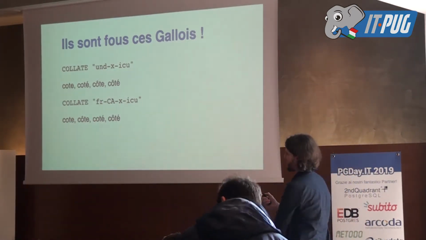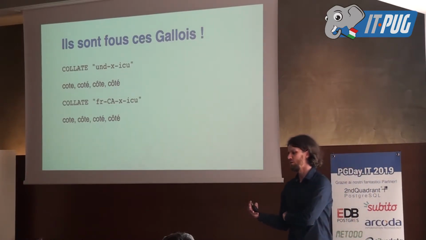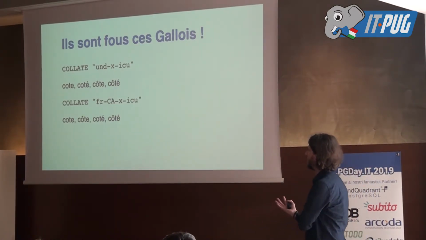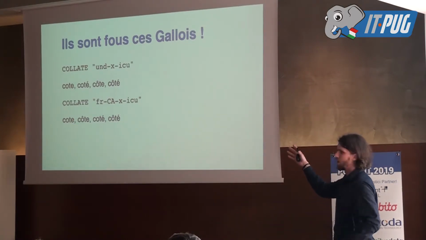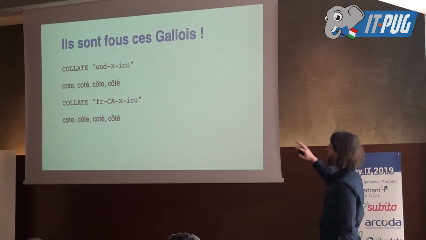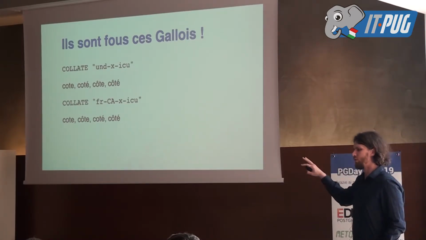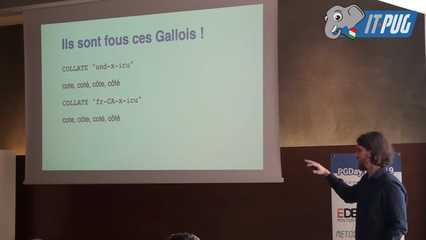So this is a special case in the Unicode collation algorithm that addresses this particular requirement that was traditionally used in French. Now, it seems that even the French thought this was a little bit too silly, and the latest locales you get for French in France don't actually do this anymore.